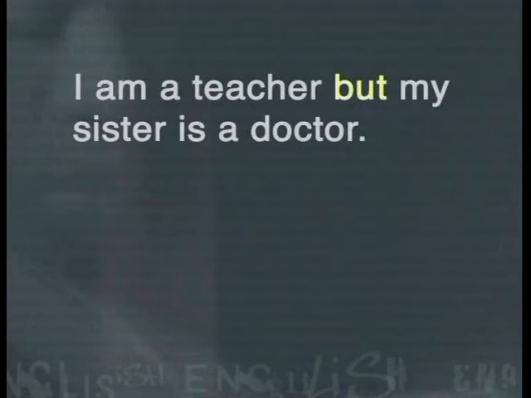As we saw in the previous lesson, sometimes we want to have two main clauses in the same sentence in order to show the difference or for a comparison. So we could take our two simple sentences and combine them like this. I am a teacher, but my sister is a doctor.